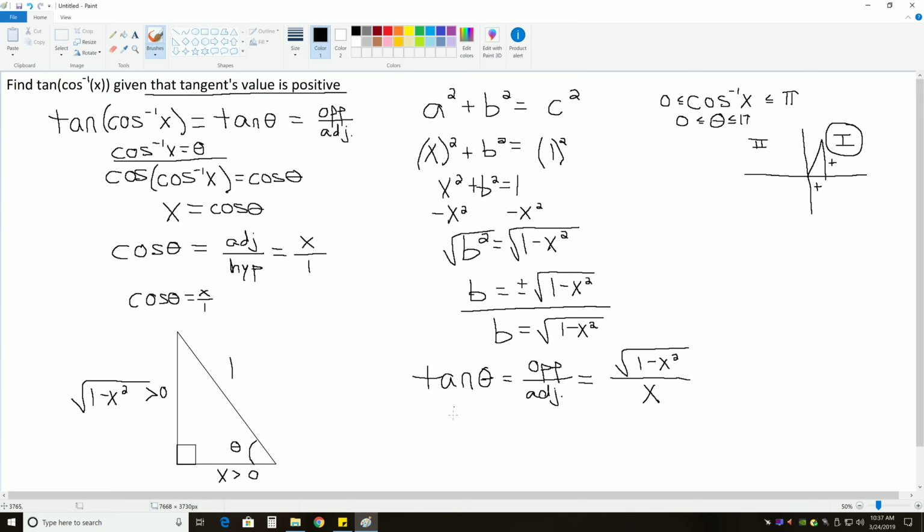And since tangent of theta is equal to tangent of cosine inverse of x, the original problem that we started with here, then that means tangent of cosine inverse of x is equal to the square root of 1 minus x squared all over x.